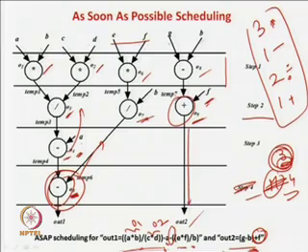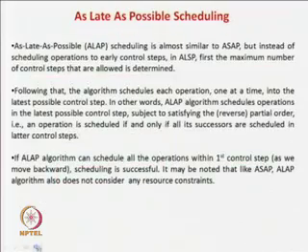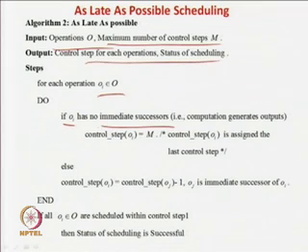If Oi has no immediate successor, that is, it is a computed output, you schedule it at the last step. In the previous case, we tried to find all operations which do not have any predecessors and put them in the first time step. Here we are doing just the reverse: we find all the operations which do not have any successors, and we put them at the end.